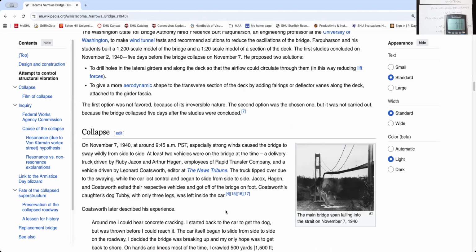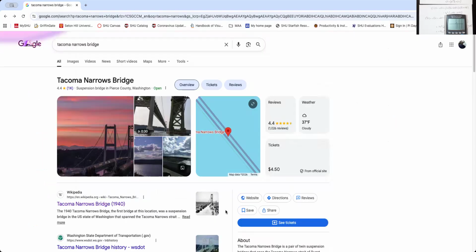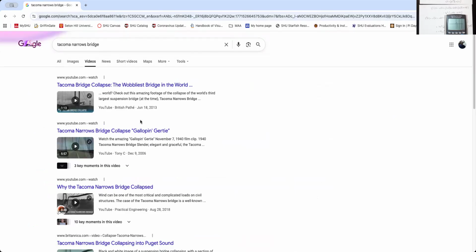It tore itself apart. There's an absolutely mind-blowing film of this. The Tacoma Narrows Bridge shook itself apart due to exactly this resonance idea.